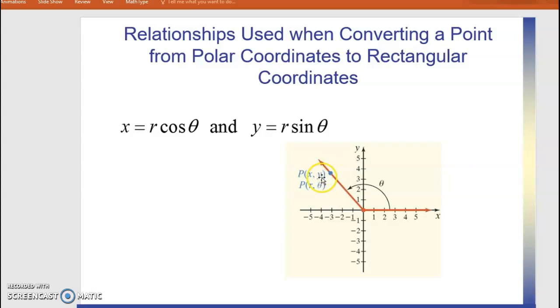Again, this is a typical point on the x and y axis in our rectangular system, but as you can see, identifying or labeling this point using polar coordinates, the second value, theta, is the angle whose terminal side the point lies on, and the first value of the point is r. And of course, in a little bit, we'll have a formula for r, a reminder of that formula.